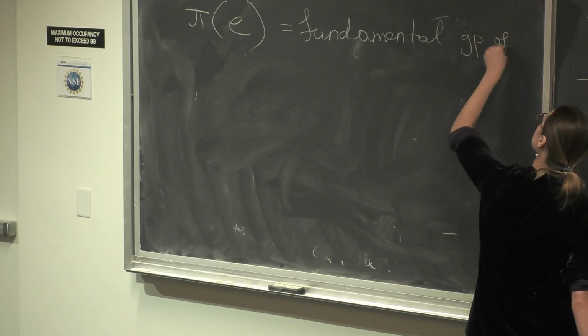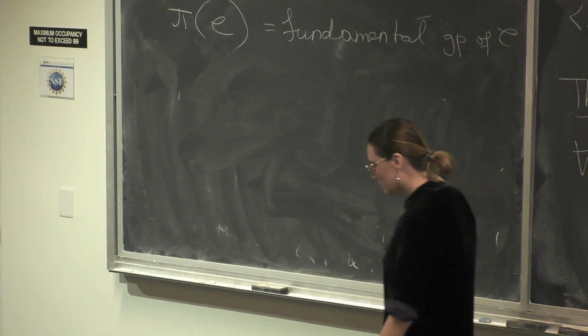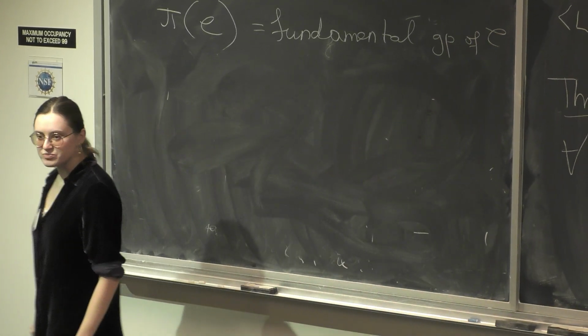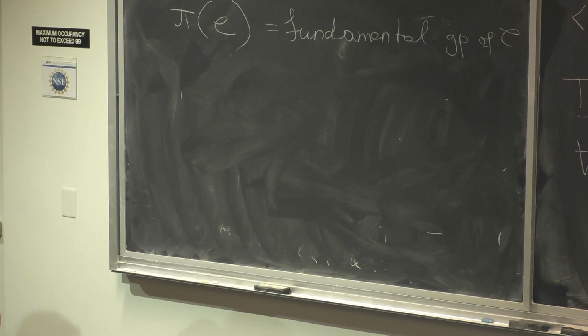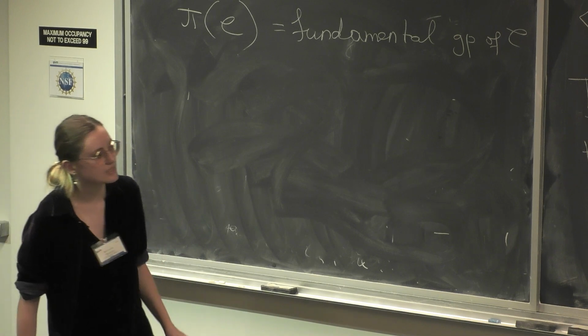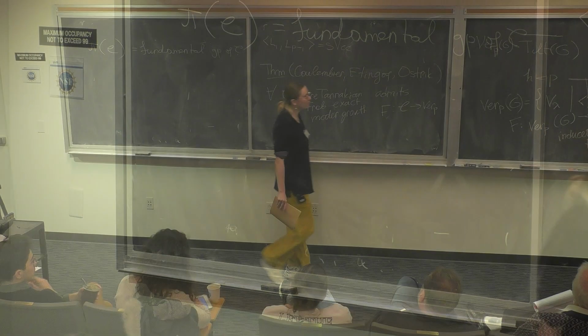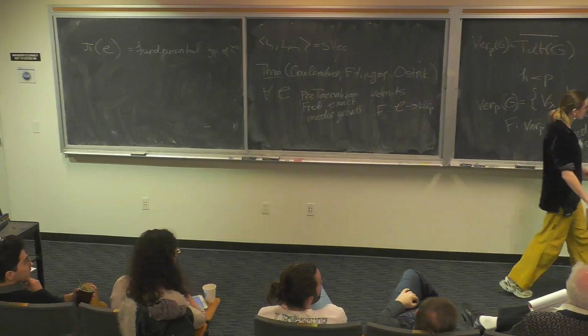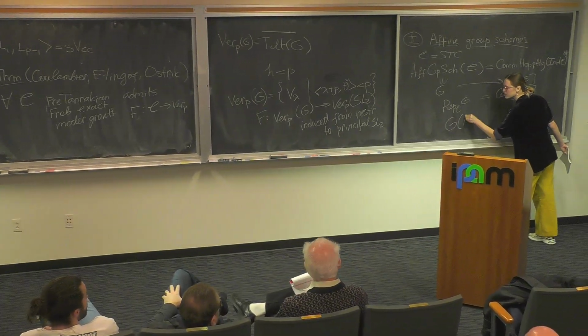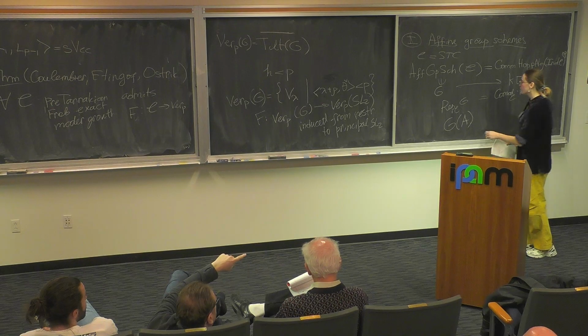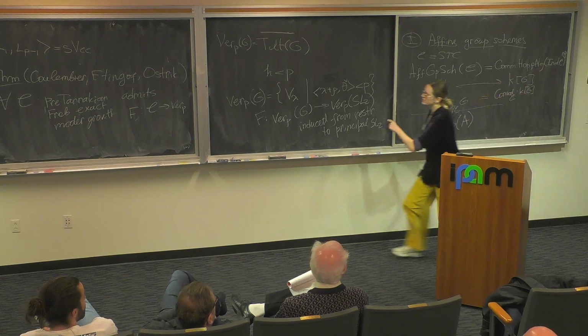So here I just want to give another perspective of how to work with affine group schemes. Instead of just looking at the corresponding Hopf algebra, one might also define the functor of points for G. So there was a request. Oh, yeah. Okay, let me use that board over there.